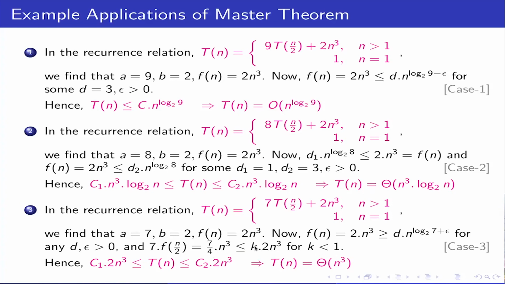So k can easily go to 7 by 8, up to 7 by 8 to make this happen. So this is less than 1, k exists where this happens. 7 by 8 or more can make this thing satisfiable. Now when this is the case, then you say that f(n) will sandwich T. So T(n) equal to theta n cube in that case.